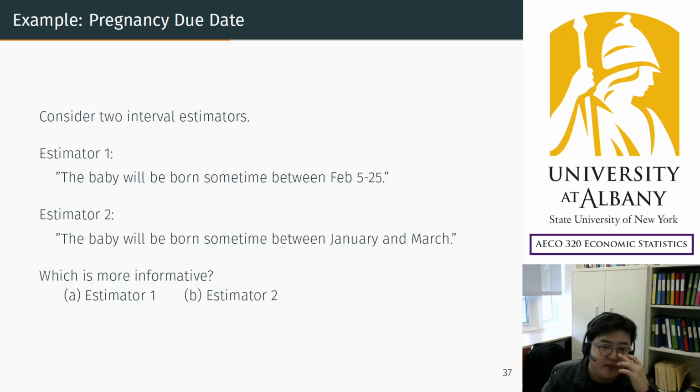And we are going to think about 2 intervals. First, say about the due date thing. Suppose that there are 2 doctors, and a doctor tells us the baby will be born sometime between February 5th and February 25th. And suppose there was another doctor who told us the baby will arrive sometime between January and March. Which is more informative?